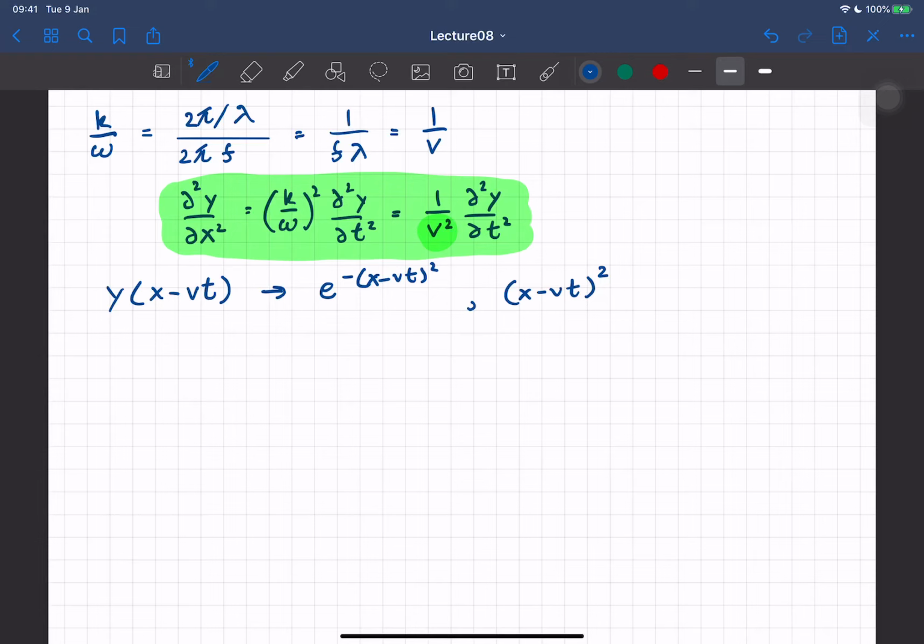And again, we are not going to spend too much time solving the wave equation, because it's not really our main focus here.